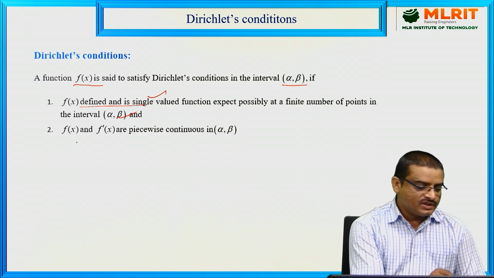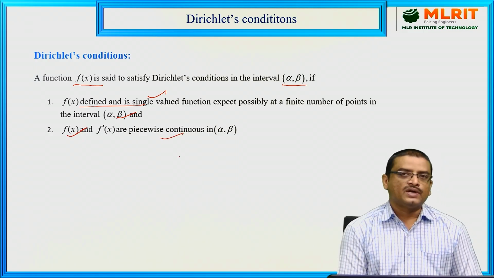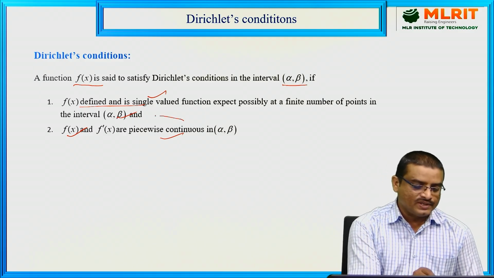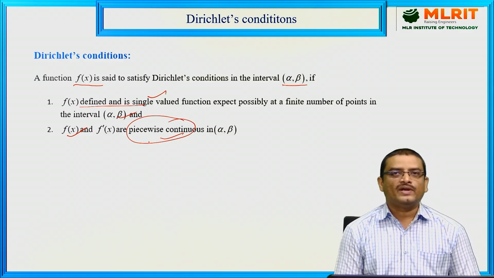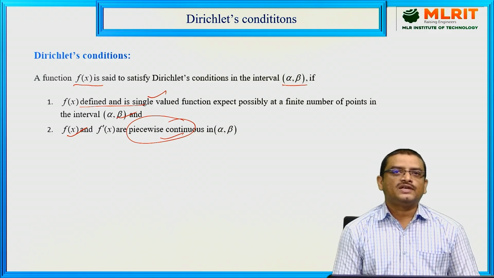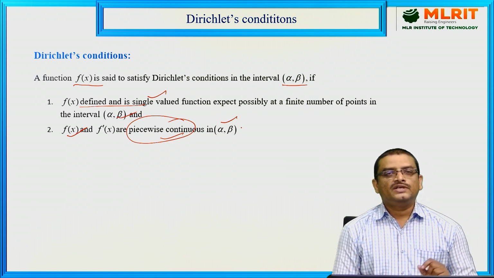One more thing is that f of x and f dash of x are both piecewise continuous in the interval alpha, beta. We have seen what piecewise continuous means in the Laplace transform. So these two functions f of x and f dash of x must both be piecewise continuous in the interval alpha, beta.